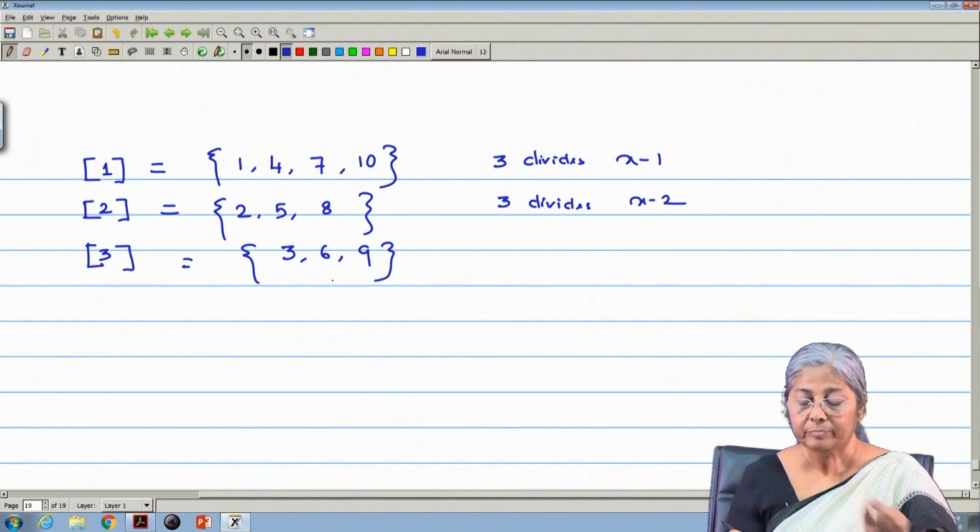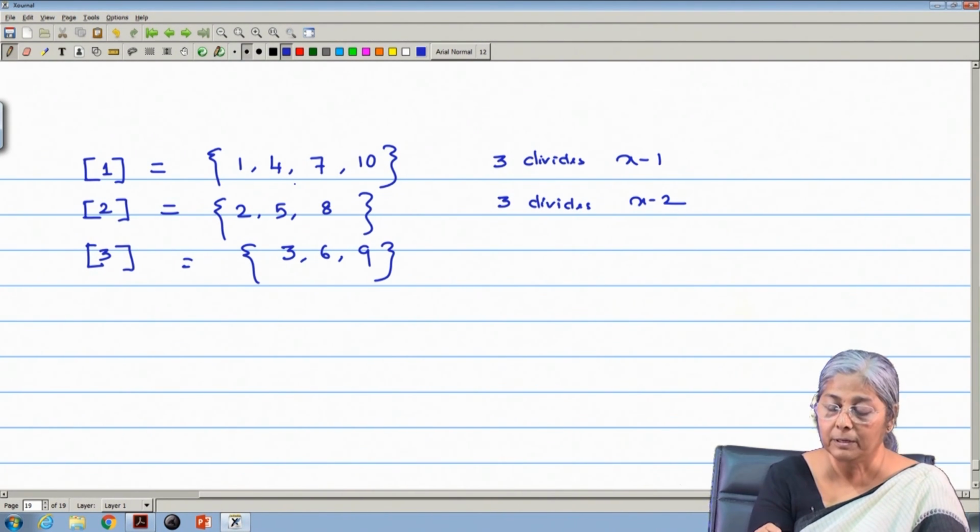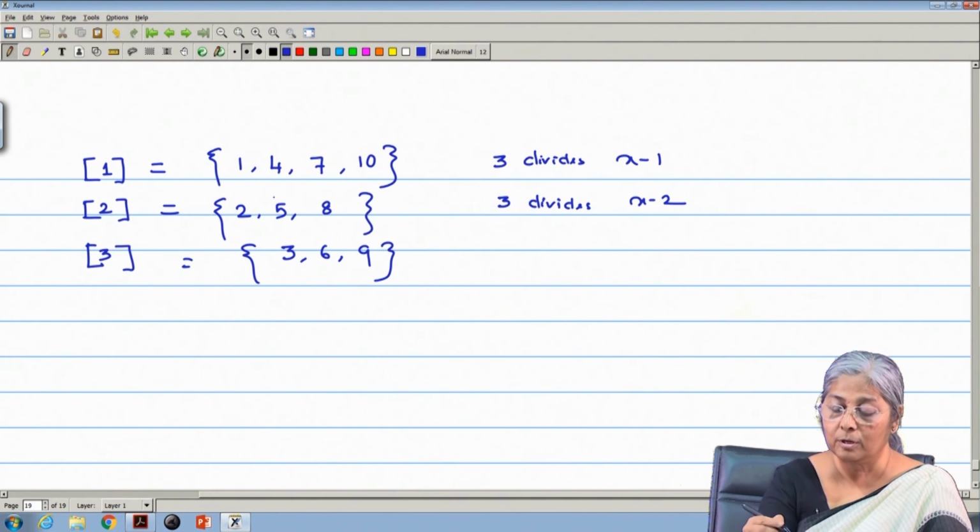And see, the way we have defined it, every element belongs to only one partition.